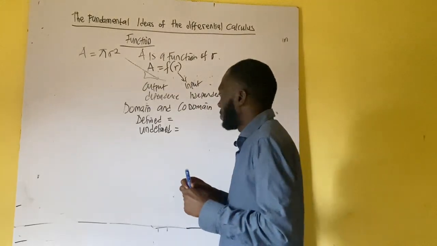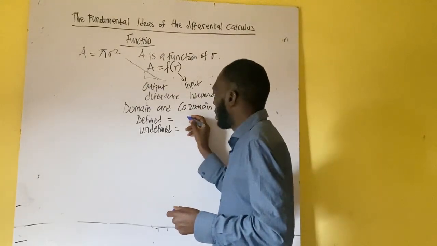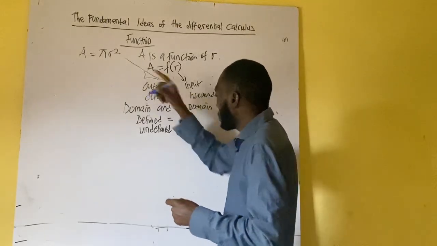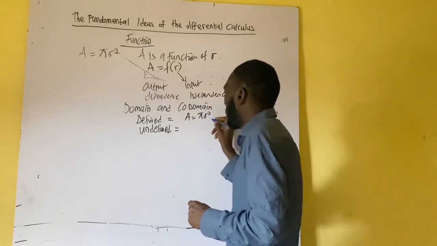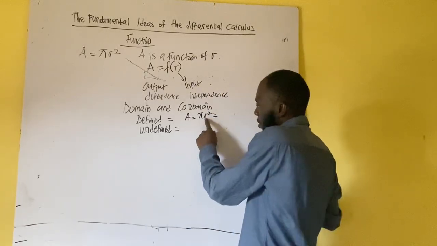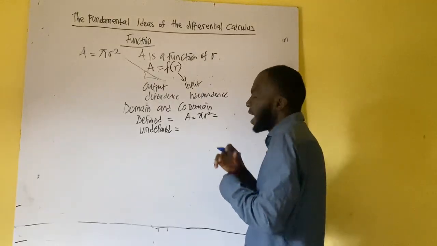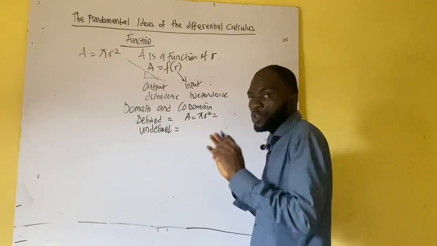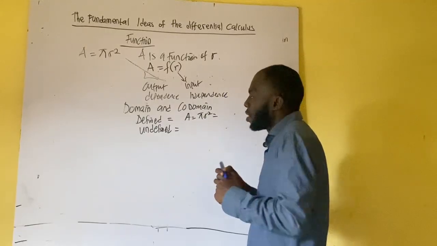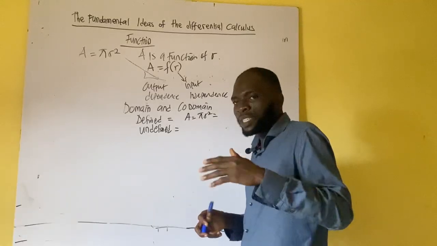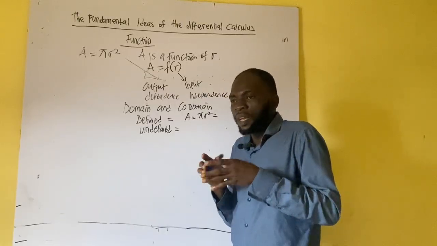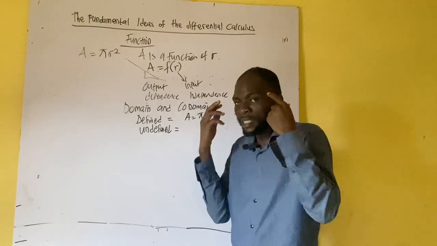Let's say for instance I have A equal to pi r squared. This r, if I use any number, it is going to be possible. It's still going to make sense mathematically. Now, another question: which kind of condition can make an expression not to make sense mathematically?